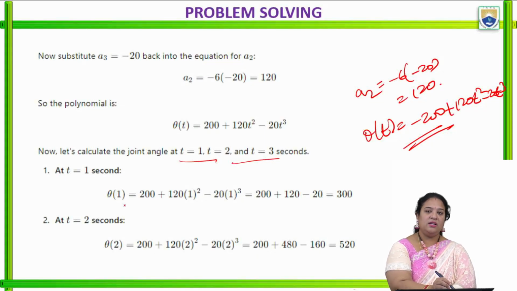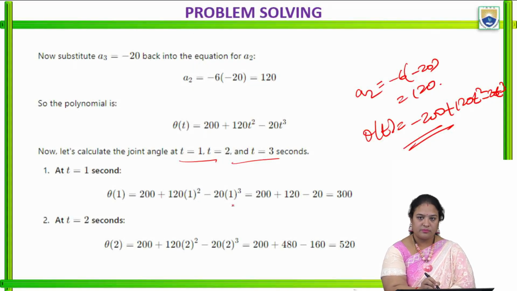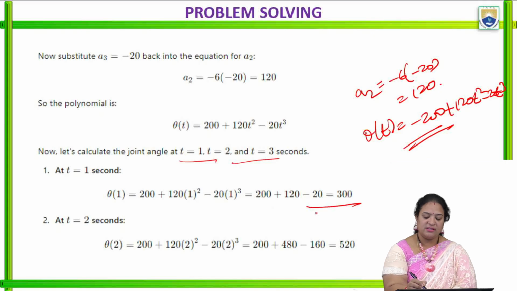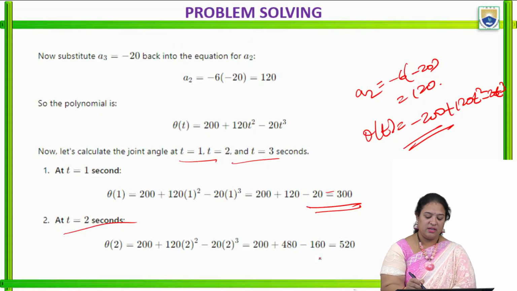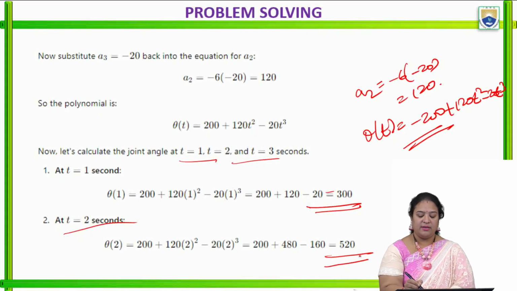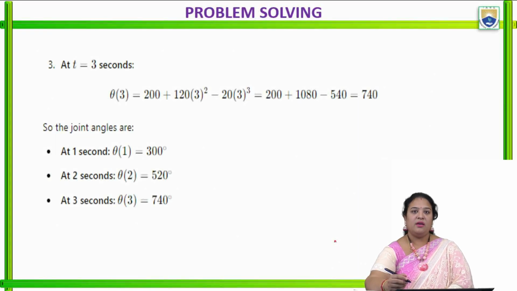It is nothing but theta of 1 is equal to 200 plus 120 of 1 square minus 20 into 1 cube, which we are getting as 300. And at 2 seconds, we are getting theta of 2 as 520.